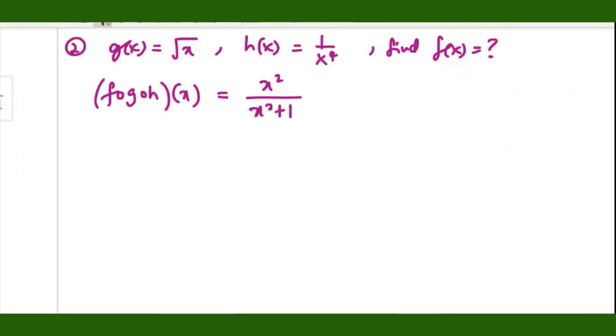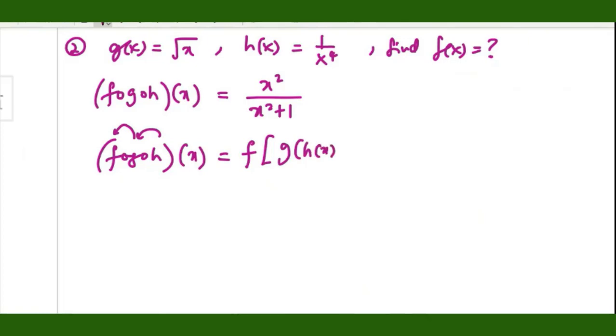So what can we do now? We substitute one into another from our function f of g of h. We substitute function h into function g, and then the result goes into function f. Function h(x) is 1 over x to the power of 4.